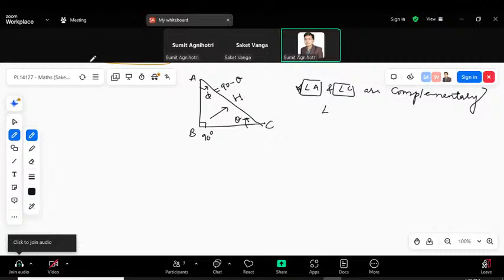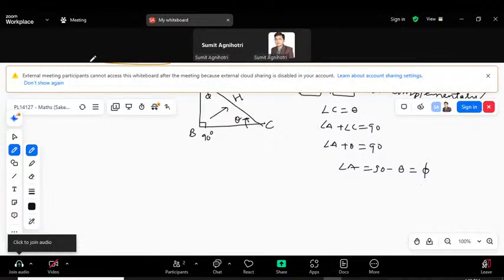That is why if I assume angle C to be theta, angle A plus angle C must be 90. That's why your angle A plus theta becomes 90. That's why your angle A becomes 90 minus theta, and you can assume this 90 minus theta as phi if you want. Now, if I ask you to tell me sine theta, can you tell me what is your sine theta?